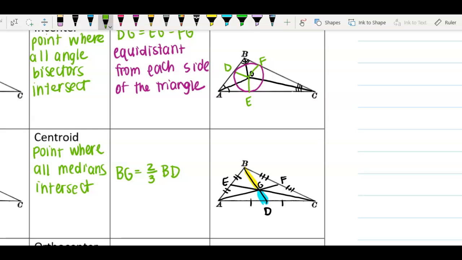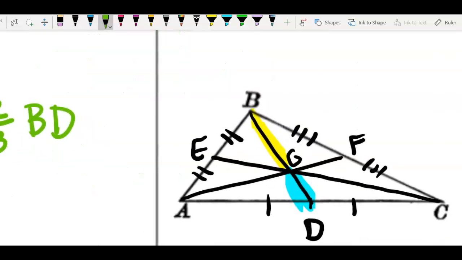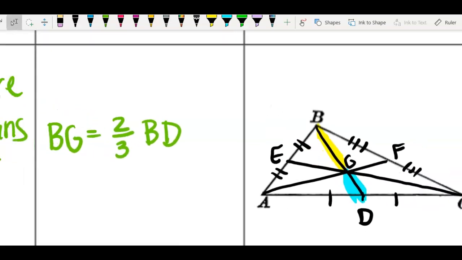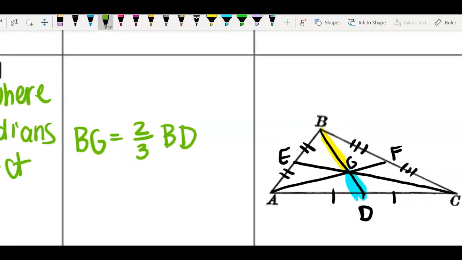So if we were looking at AG, well, I'll just leave that there because it's going to erase itself. If we were looking at AF, okay, the 2/3 piece of AF is AG.